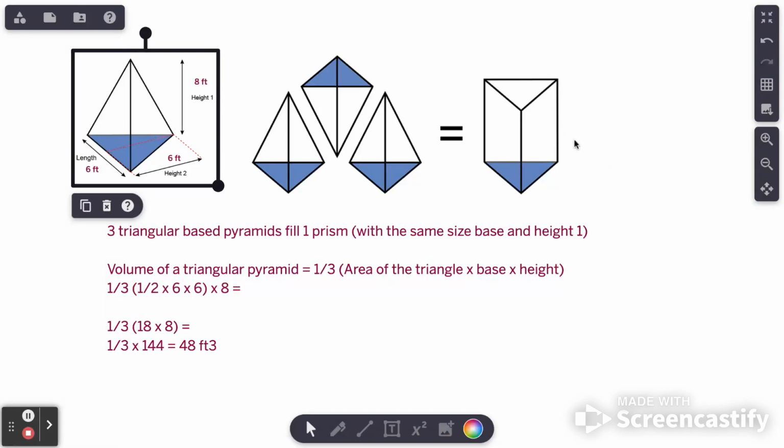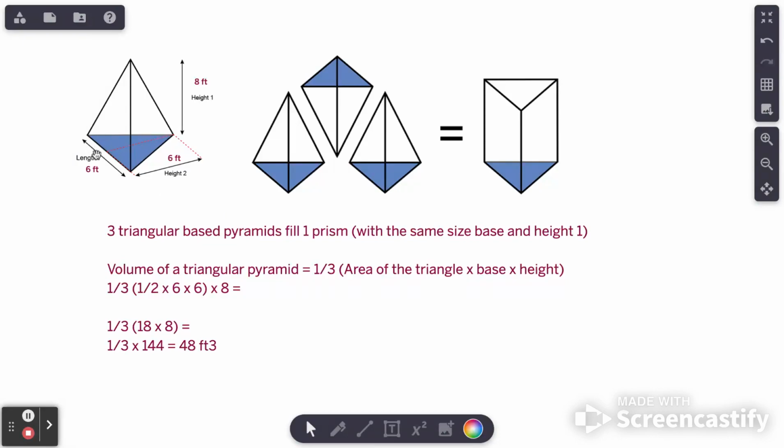So we're still using that volume formula, which is 1/3 times the area of the base times the height. So in this example, we have side lengths of our triangle as 6 by 6, and we have a height of 8. So we could plug that in, but for the base of this, we just need to find the area of a triangle.